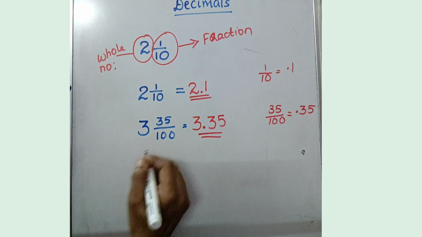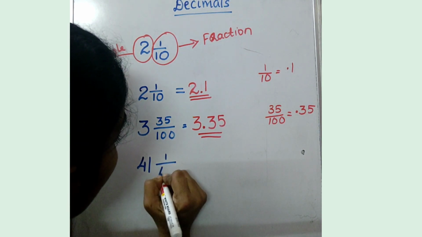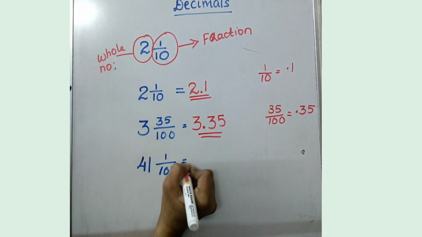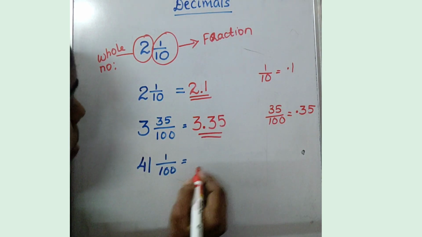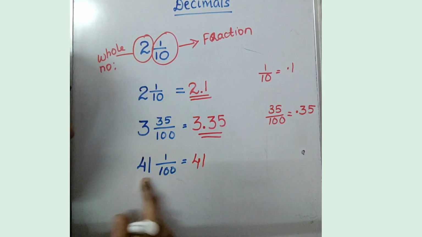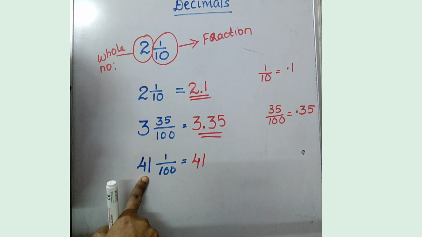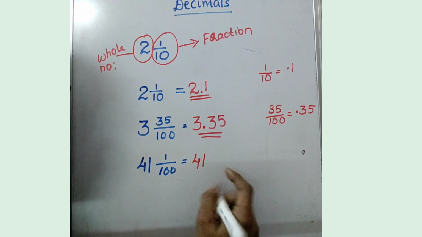Then what will be the decimal number of 41 and 1 by 100? Look here, only one digit and 2 zeros. How will you convert this into a decimal number? The whole number part doesn't change, so we write the whole number 41 here.